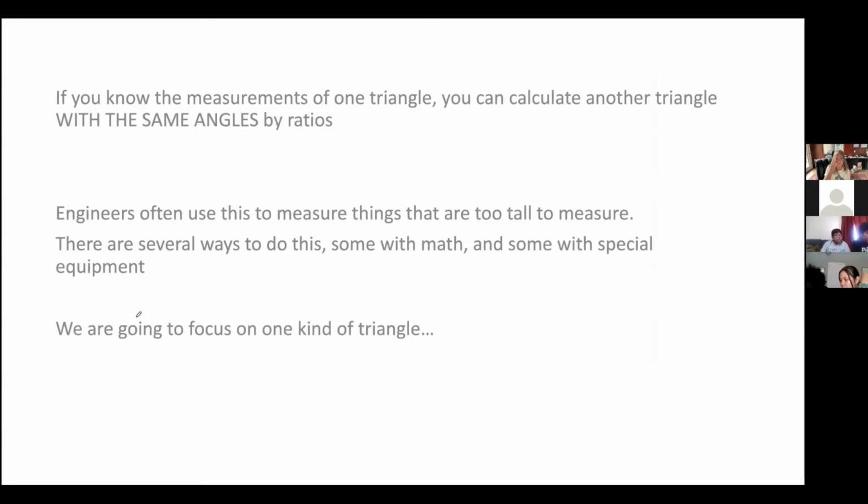So if you know the measurements of one triangle, you can calculate another triangle, as long as it has the same angle, by using ratios. Engineers often use this to measure things that are too tall to get a tape measure. There are several ways to do this. Some use math, with measurements. Some use special equipment. So we're going to focus on one kind of triangle.